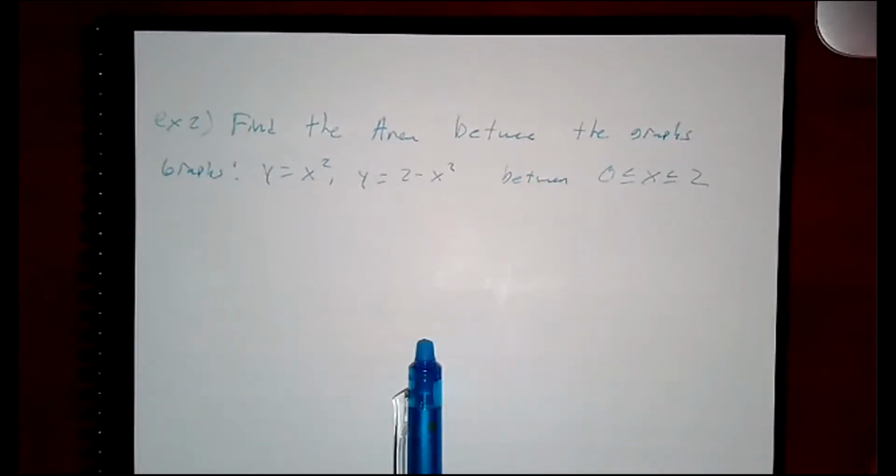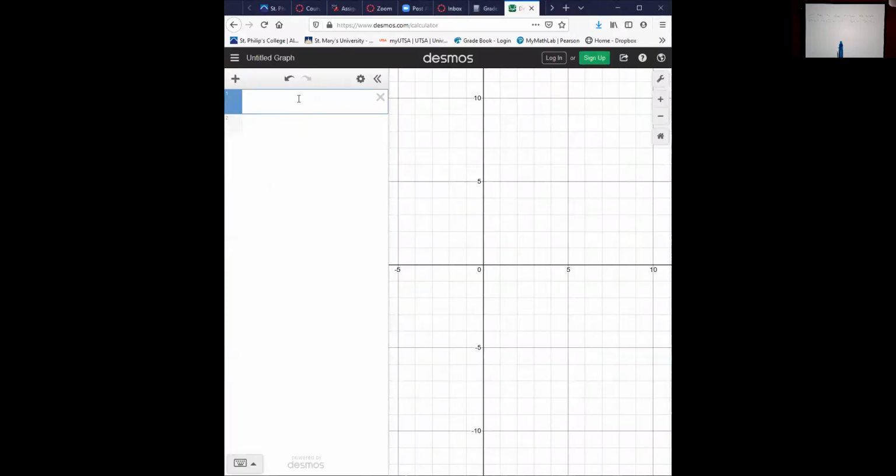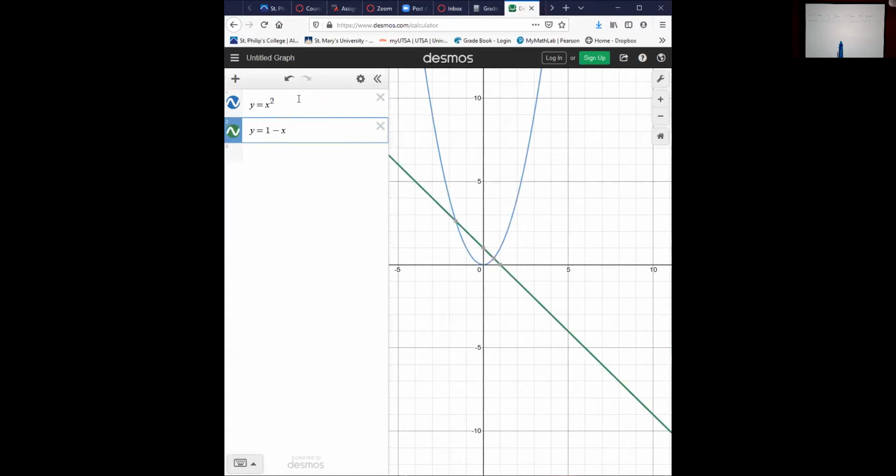If you don't want to graph this by hand and you feel like that sucks, that's fine, I'm not going to get mad at you. What you can do is just graph them first and get an idea what is happening. So I know what y equals x squared probably looks like, and then I know what y equals 2 minus x squared looks like.